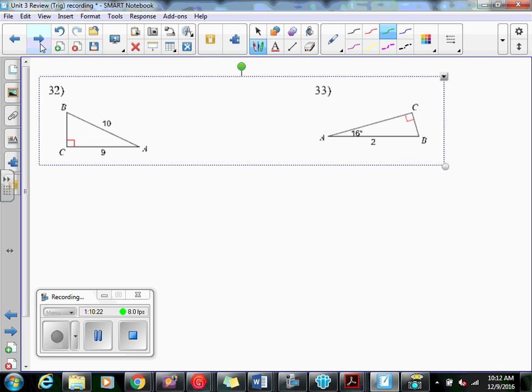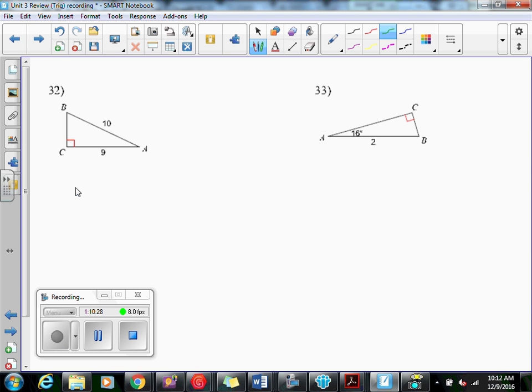Okay. So for number 32, the measure of angle A is going to equal 26. The measure of angle B will be 64. And the missing side, segment BC, is approximately 4.4.